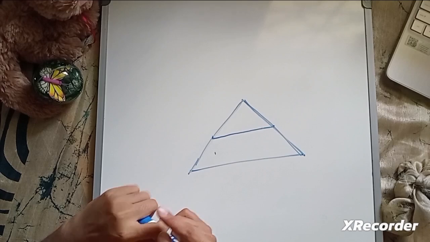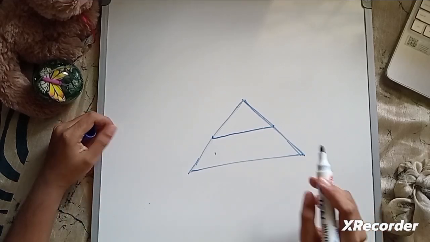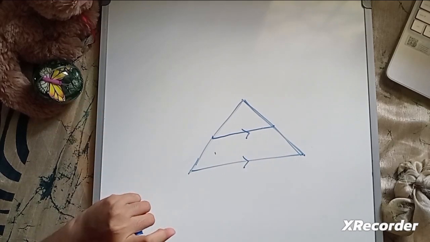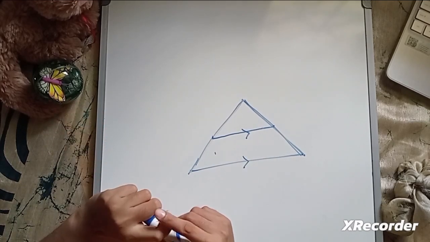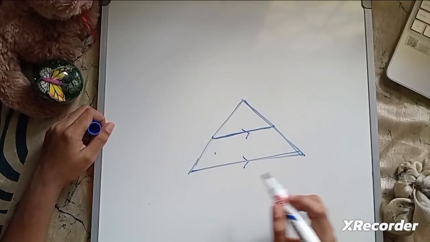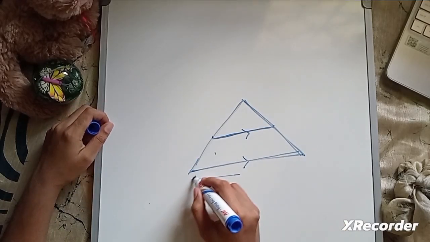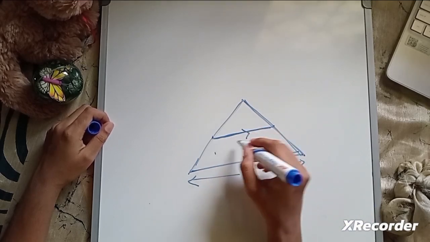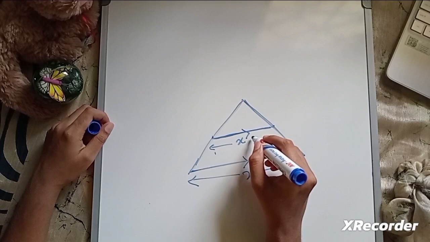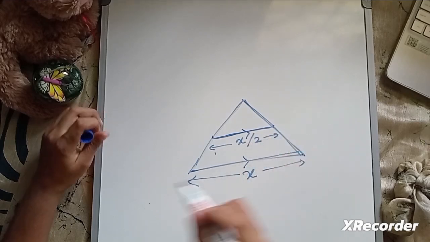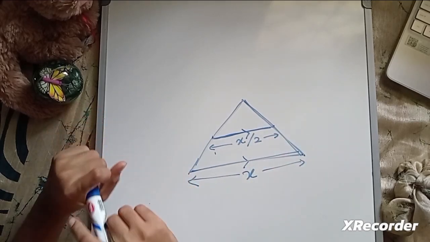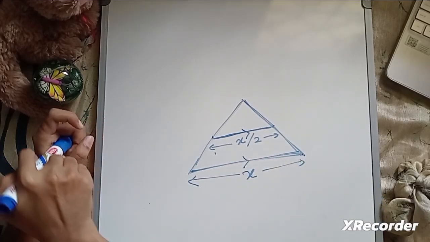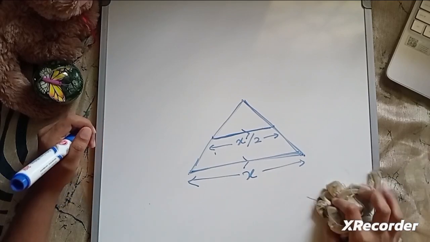It is parallel to the third side, this side. And also if we take the length of this side as x, the length of this line segment is x divided by 2. It is half of the third side of this triangle. So that is the theorem we used.